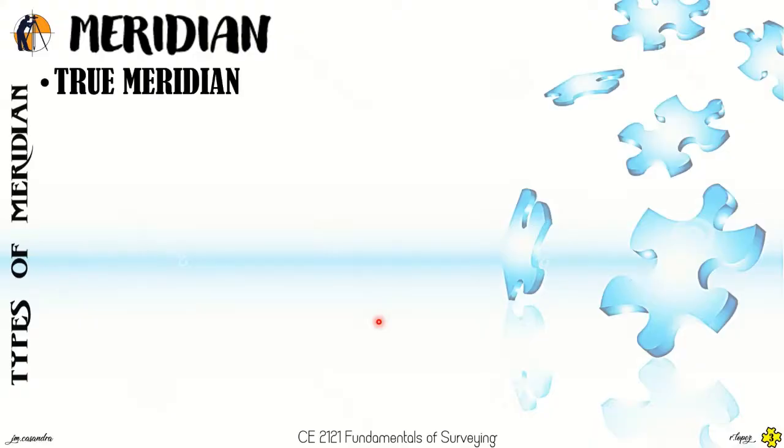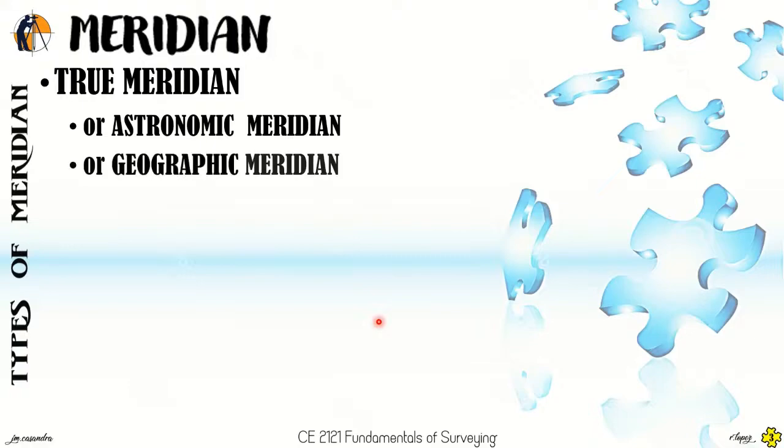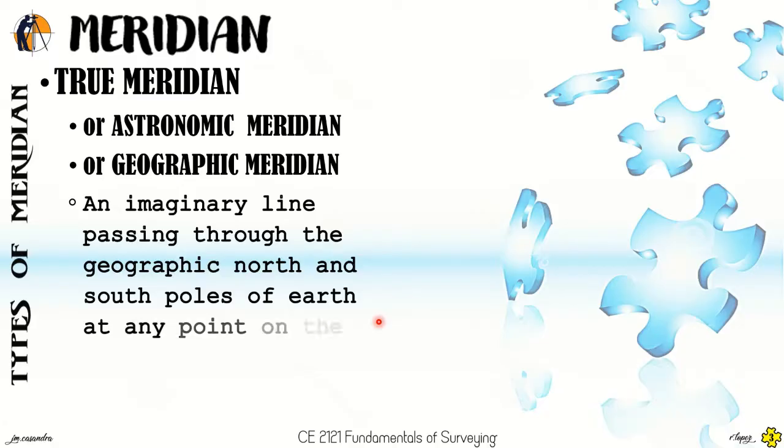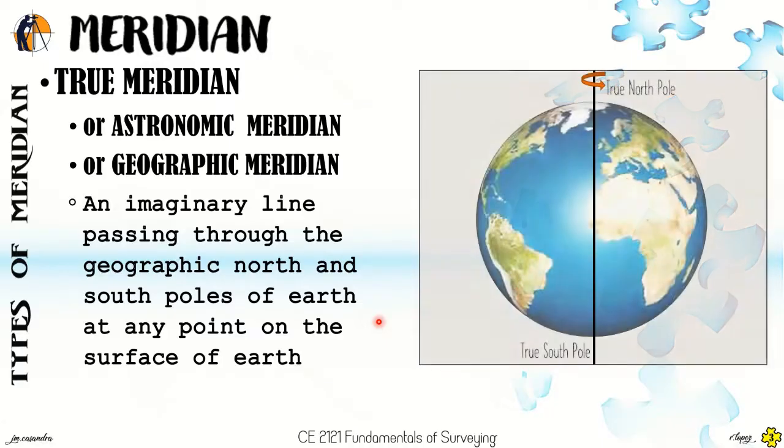For a true meridian, this is also known as your astronomic meridian or geographic meridian. This is an imaginary line passing through the geographic north and south poles of Earth at any point on the surface of Earth.